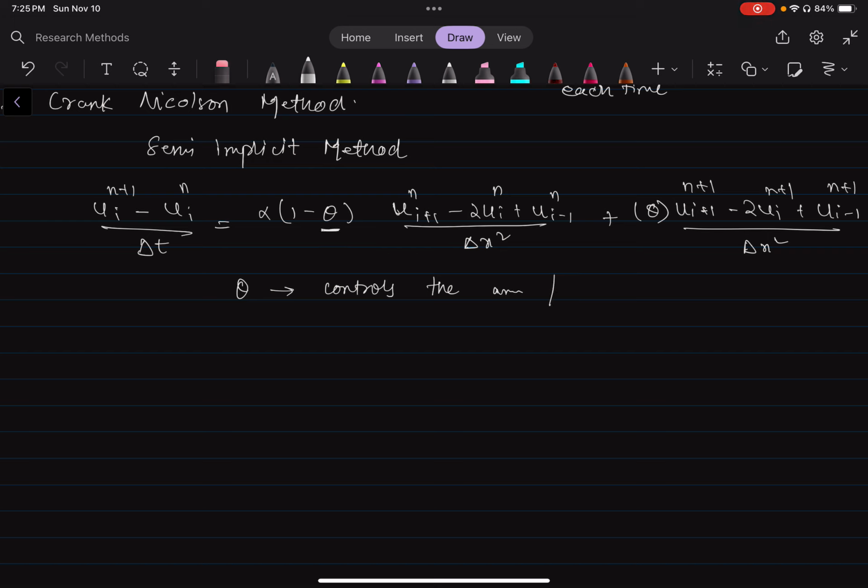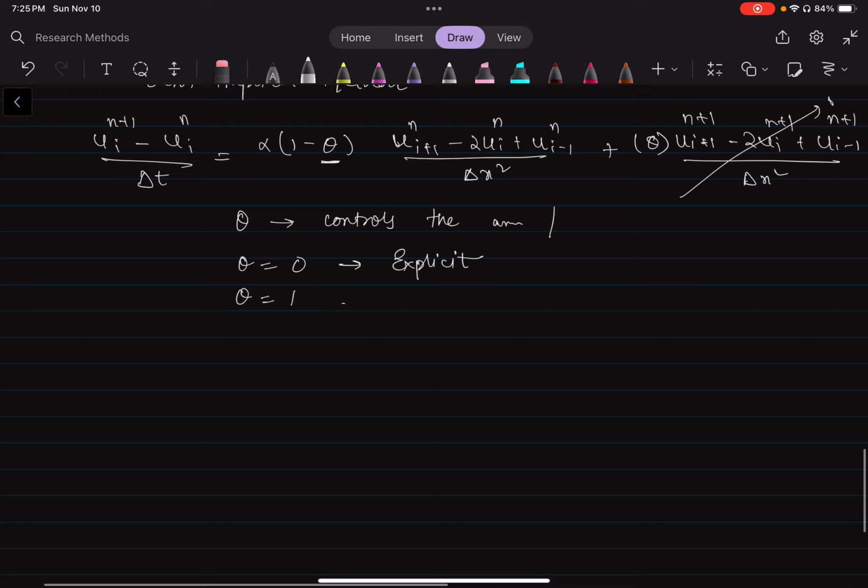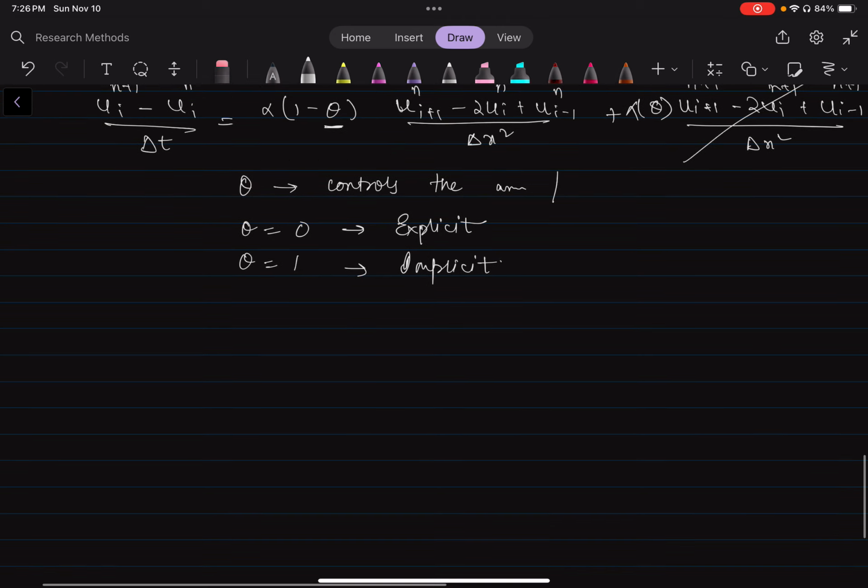So basically, if here you set this theta equal to 0, then this term goes to 0, and this completely becomes explicit. While if you keep theta as 1, then this particular thing becomes implicit. And in case of this Crank-Nicolson method, where theta is chosen to be 1 by 2, this is Crank-Nicolson.